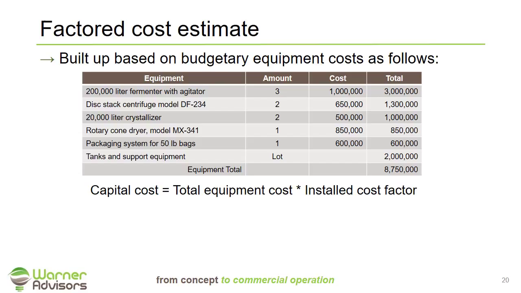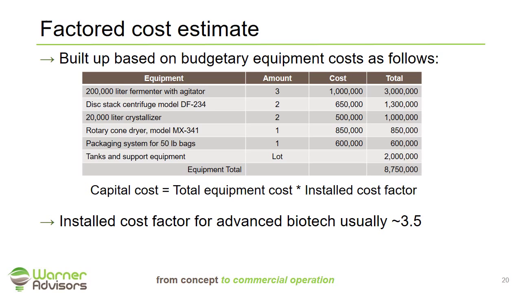So, based on that total equipment cost and what's called an installed equipment factor, that helps us develop a more refined level of estimate. Very commonly within the biotech, at least advanced biotech industry, the common factor is roughly about 3.5, meaning the total cost of the overall facility will generally be about 3.5 times the cost of equipment developed at the FEL2 stage of engineering.